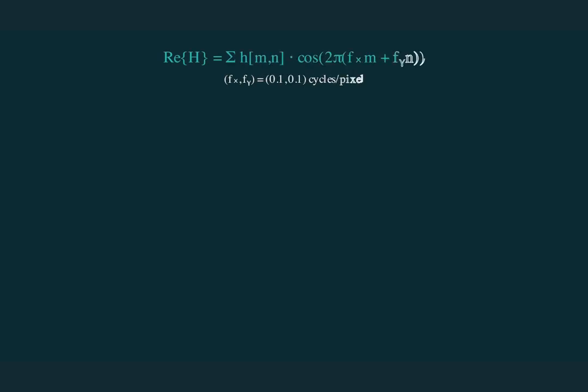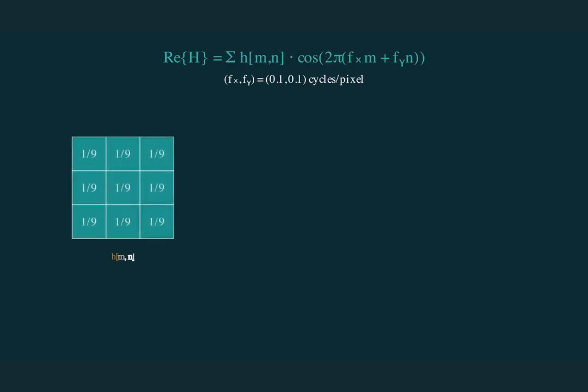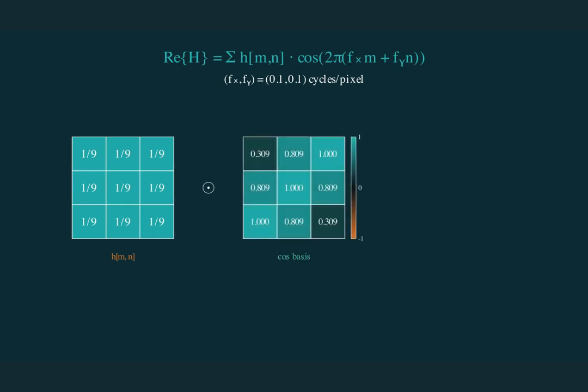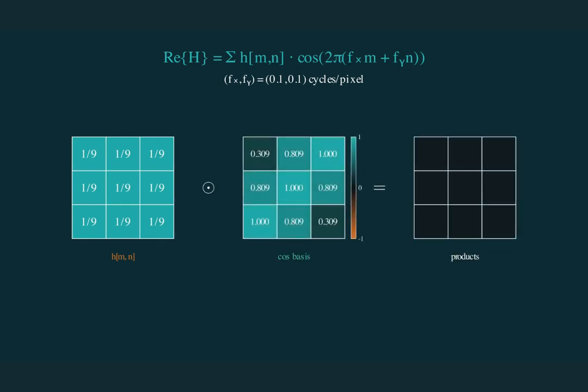Now here I'm just showing you how the real part of the frequency response is calculated. So remember the filter coefficients are multiplied by the cosine terms. And basically we're just taking element-wise products of the filter values with the pre-calculated cosine terms.